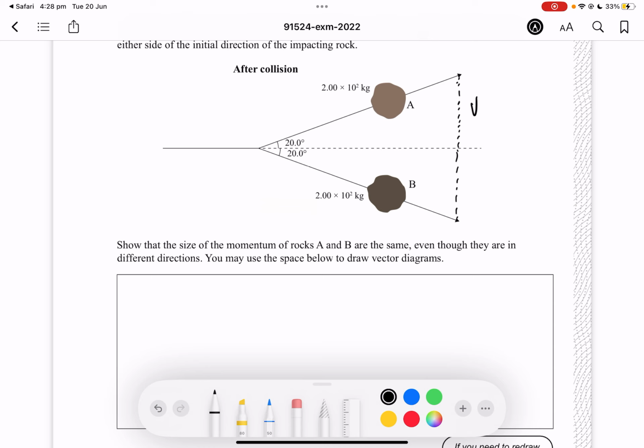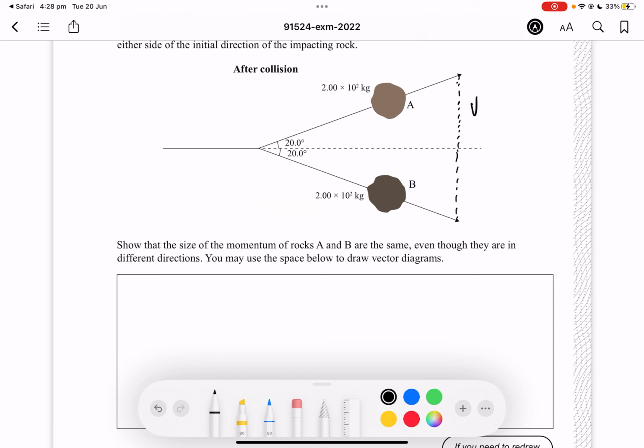Since there's conservation of momentum, there's no vertical component after the collision either. So those two will be the same magnitude, but in opposite directions, so overall they'll cancel out and conserve the momentum.